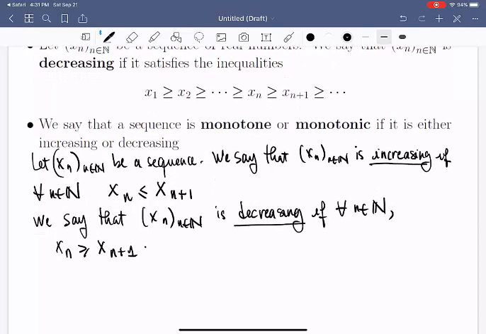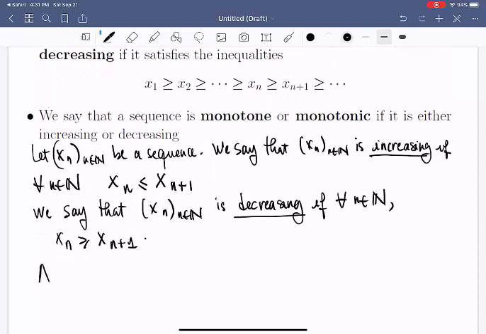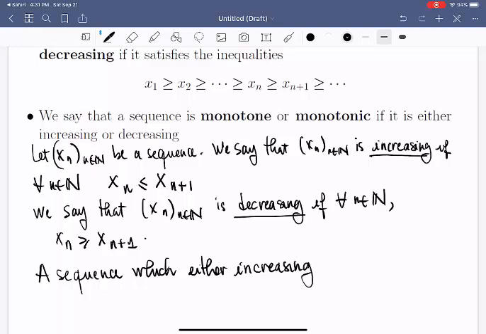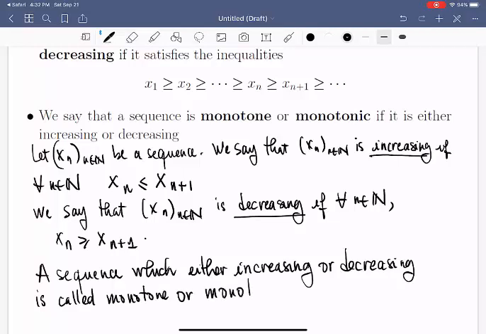And more generally, a sequence which is either increasing or decreasing is called monotone or monotonic sequence.